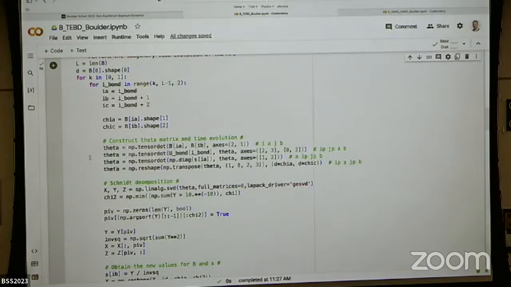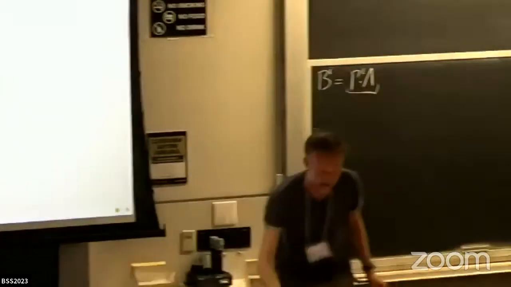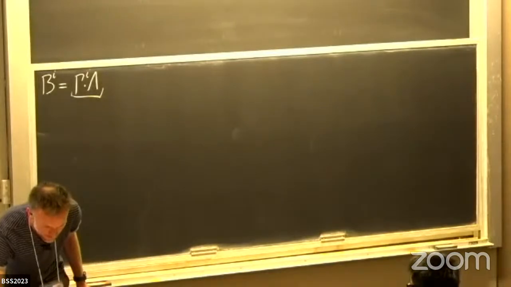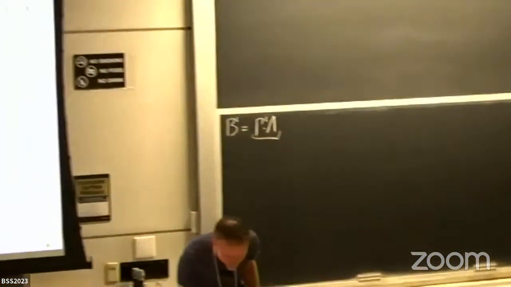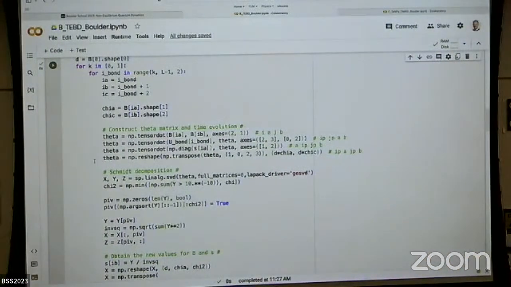So if you see a B, just keep in mind that this means we have the gamma already multiplied with my diagonal matrix lambda. So I get my state, I'm multiplying the U to it, I'm multiplying the S. Then I get this theta tilde as I had in these diagrams.